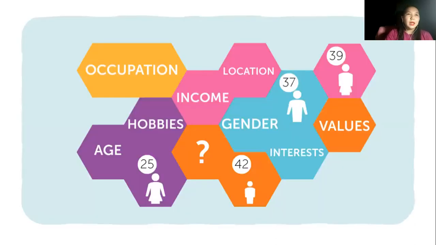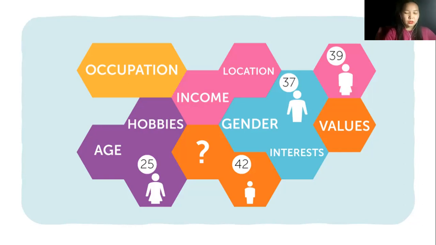So at the same time, these are the other demographic variables such as your occupation, location, kanina geographic na yun, income, hobbies, gender, interest, age, value. So makikita niyo yung values, pwede rin siyang mag-fall sa ibang type ng segmentation variable.